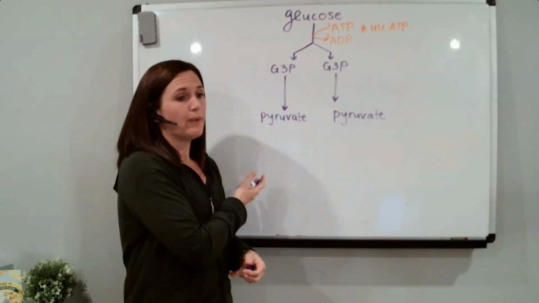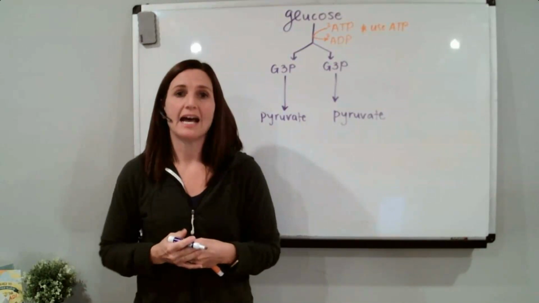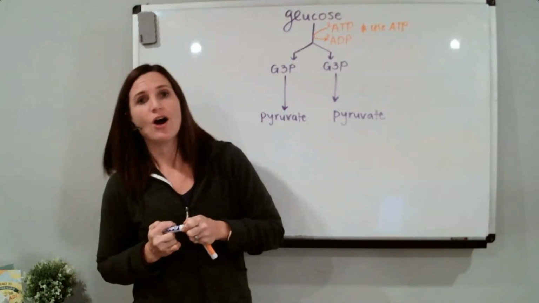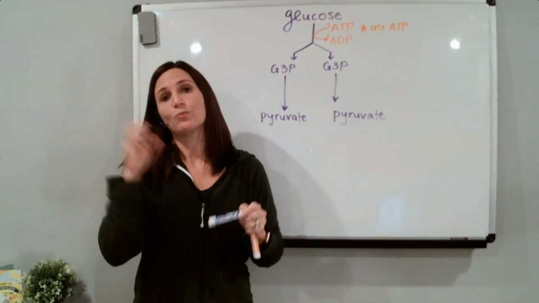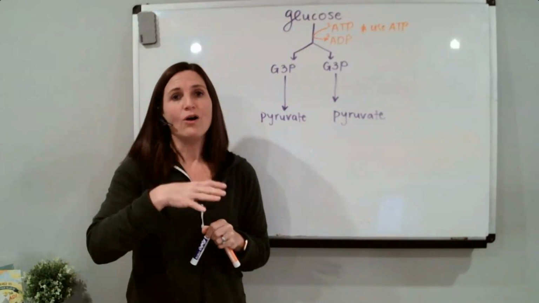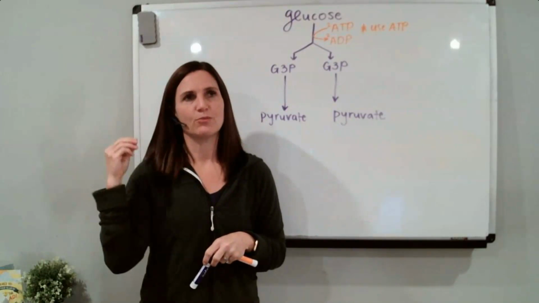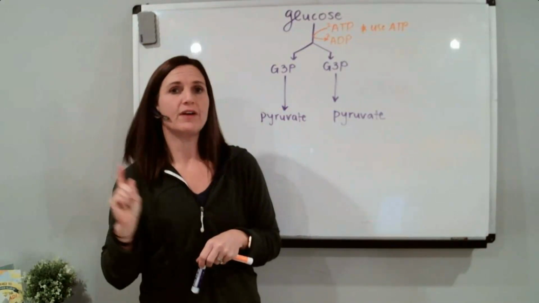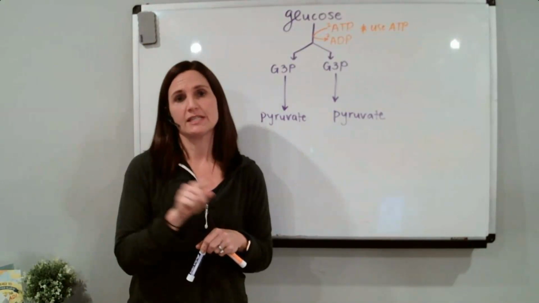Now you can see I wrote pyruvate up here. Pyruvic acid is in the notes. Pyruvate and pyruvic acid are the same thing. You should write that down somewhere. All throughout this process, you're going to hear words like citrate and citric acid. Those are the same thing. Pyruvate and pyruvic acid, those are the same thing.